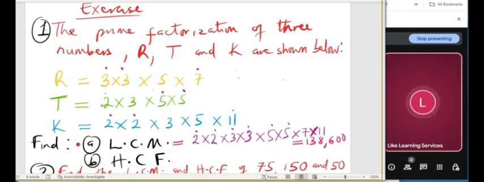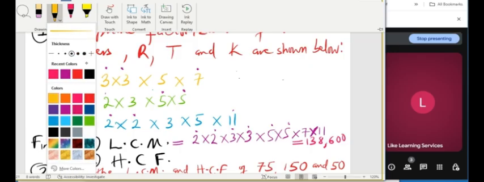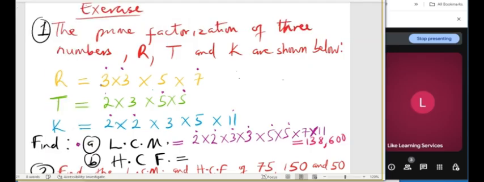Okay, when we come to HCF, what do we do? First of all, did you understand what I did? HCF, you pick what is common in all of them. There's 3 here, 3 here, 3 here, so we pick 3.